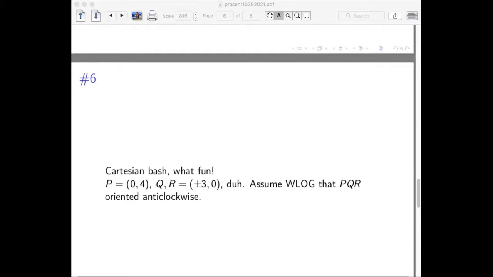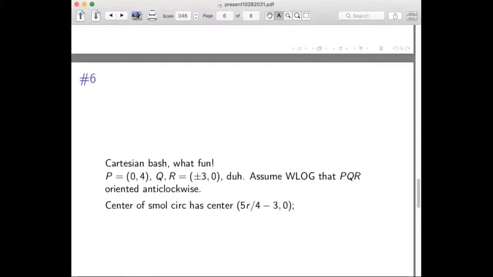Okay, I'll do the rest. Here I'm assuming that Q is on the left, so that the center of the circle would be on the negative x-axis, and from that we get the center that is displayed right now.